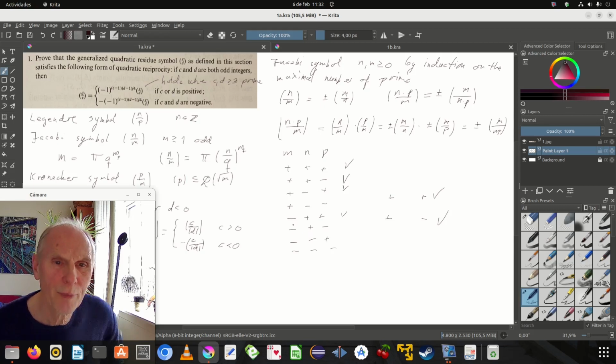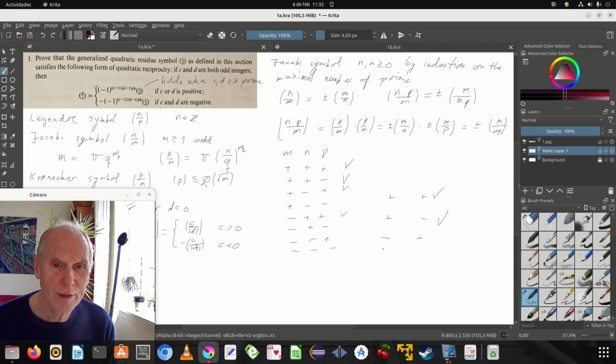And here m, p are negative. Then m and n negative, that's a minus here, and a plus here, to give a minus here. m is negative and np is negative.